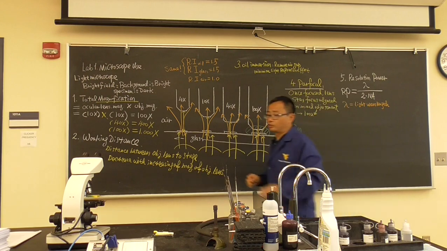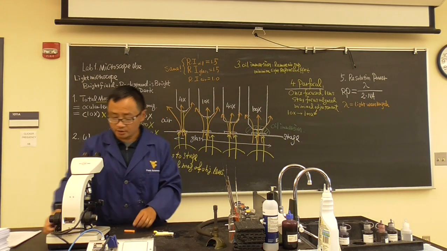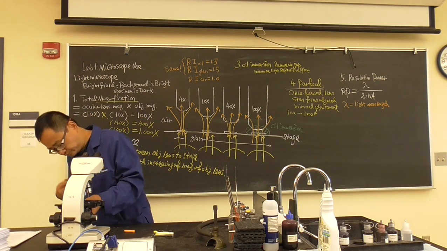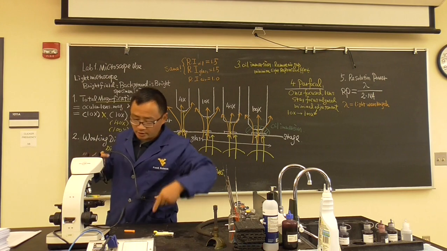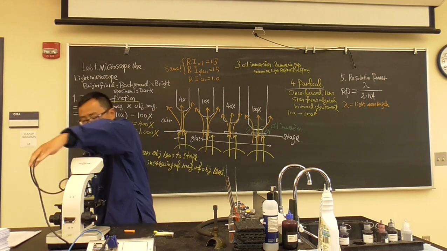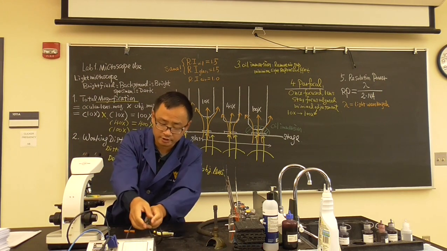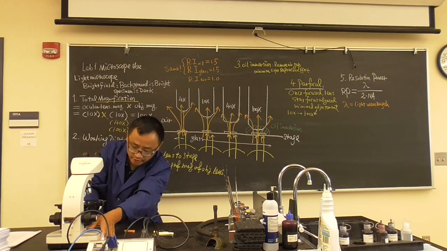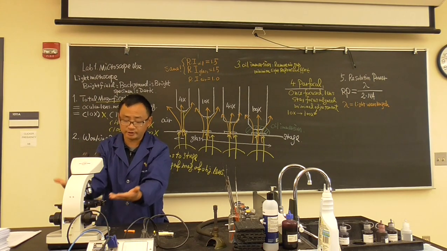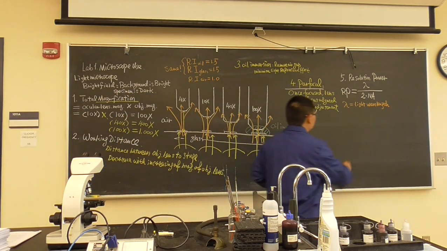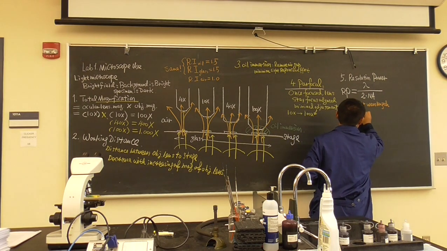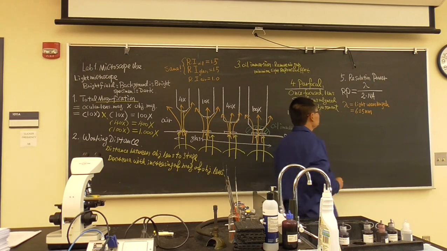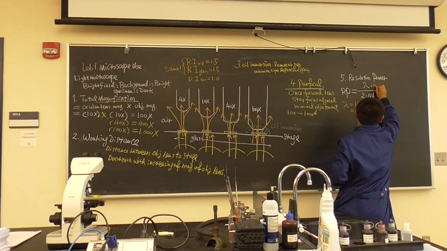For the microscope we are using here, if we plug it in, turn it on, and switch the electricity to the largest side, this light wavelength is equal to 625 nanometer. So that is lambda. 625 nanometer.